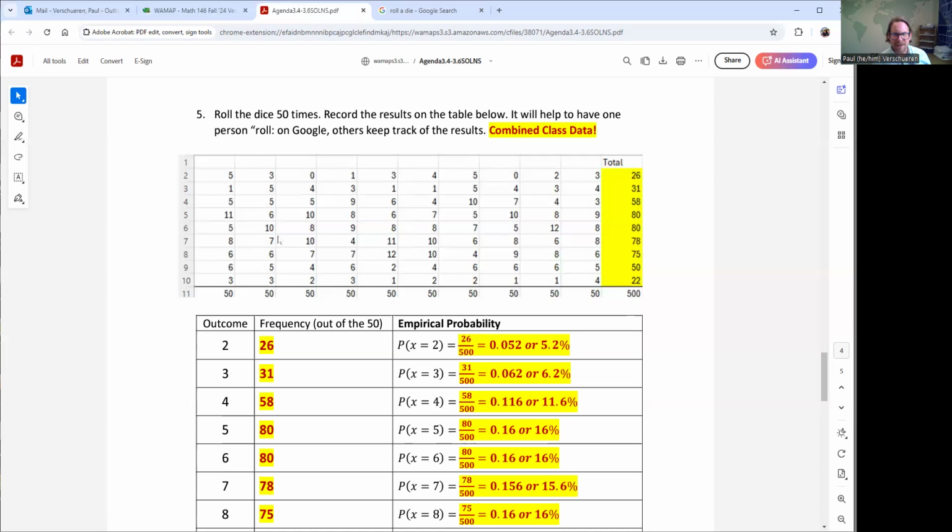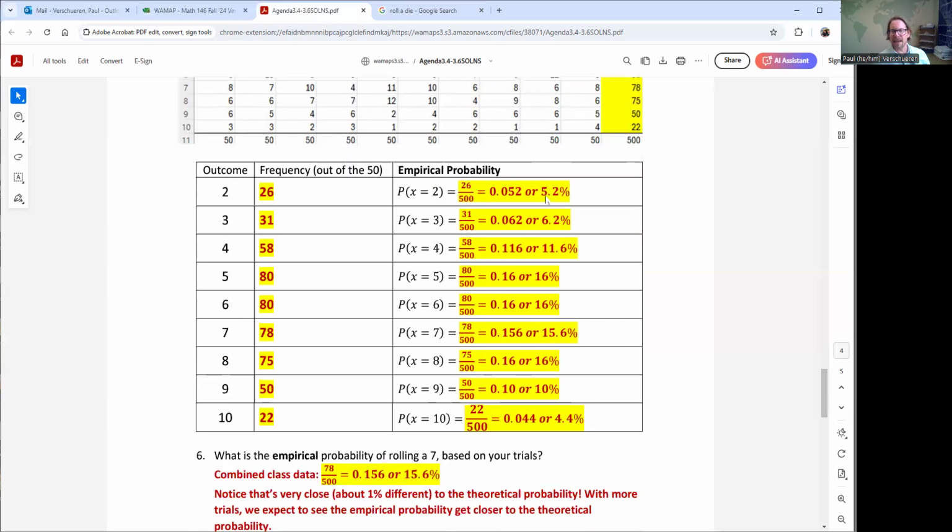For example, on that 7, the lowest number is 4 out of 50, which is about an 8% empirical probability, and the highest we saw was 11 out of 50, a 22% empirical probability. Those are quite a bit different than that 16.67% theoretical probability.